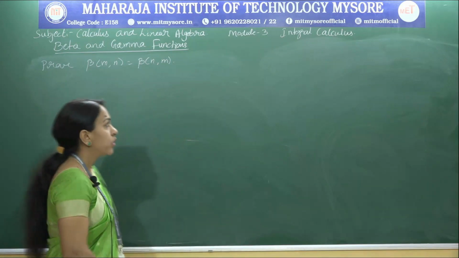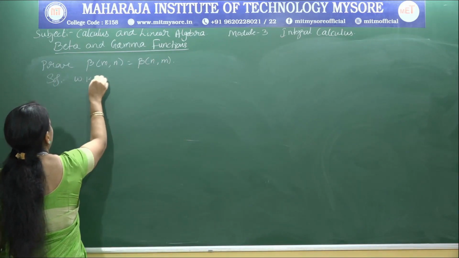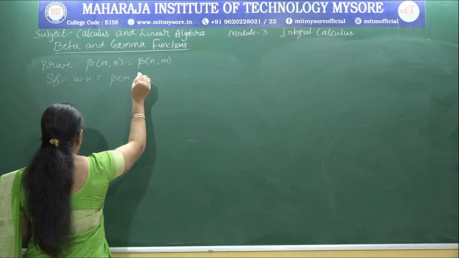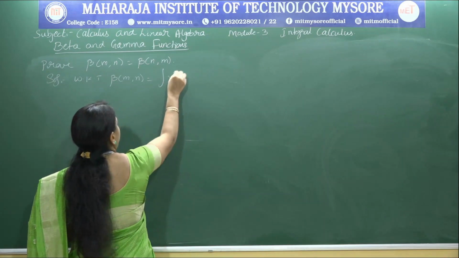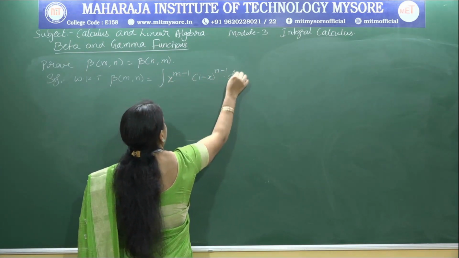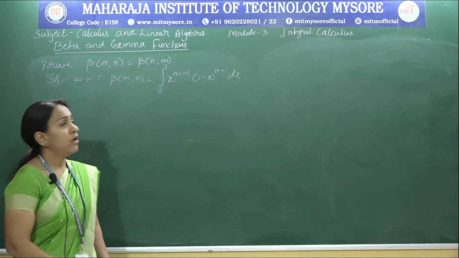So how to get that? We know the definition of the beta function: beta m comma n is equal to integral x power m minus 1 into 1 minus x to the power of n minus 1 dx between the limit 0 to 1, right.